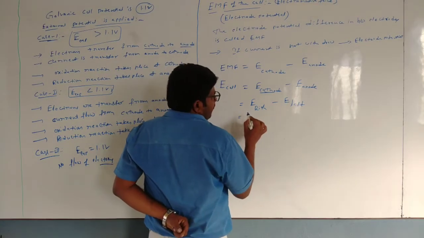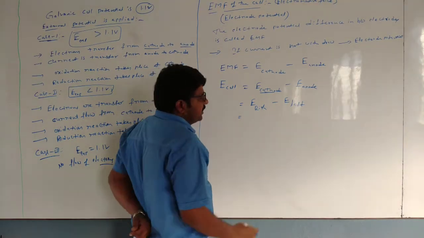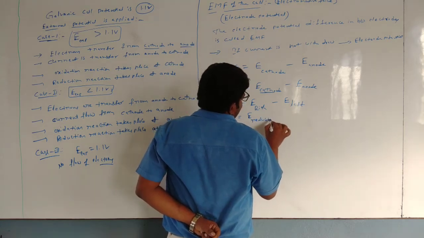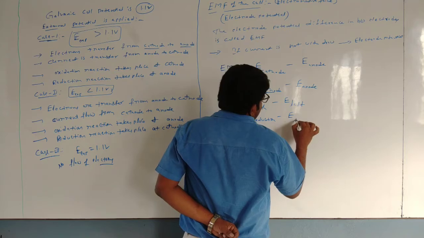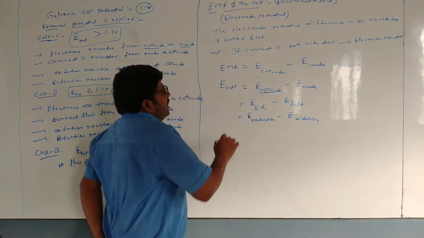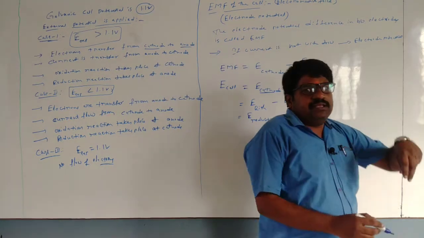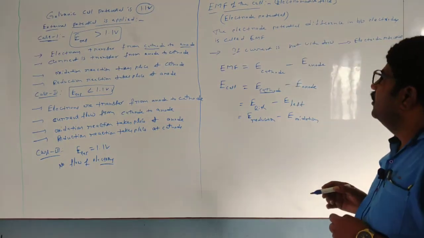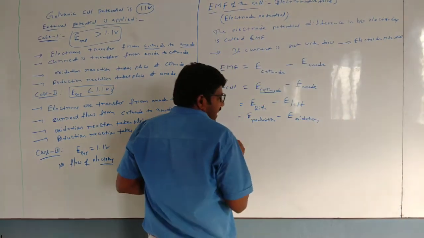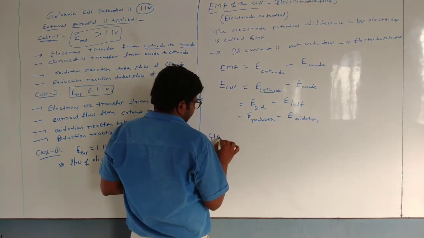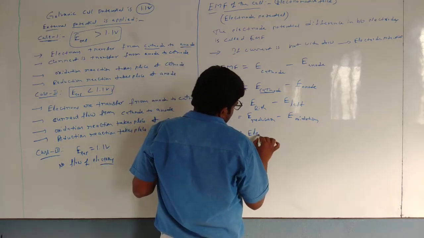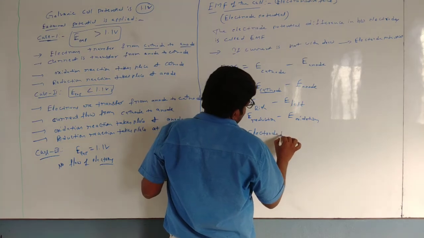At the right hand side, reduction reaction takes place, so E reduction minus E oxidation. So this is the calculation of EMF of the cell, electromotive force, or electrode potential. What is standard electrode potential?